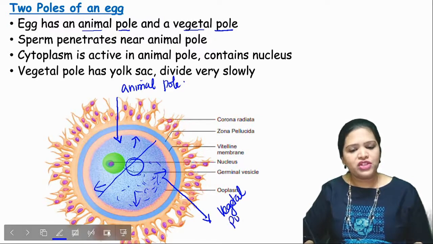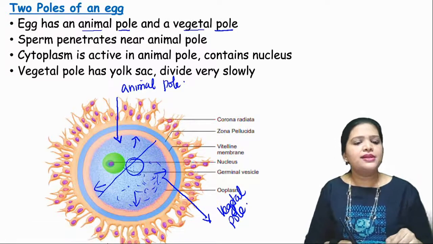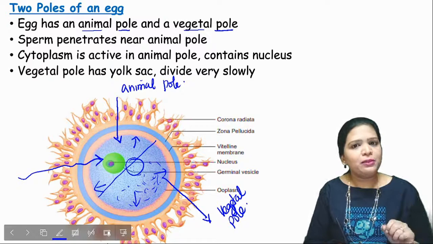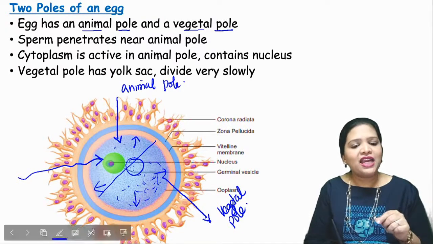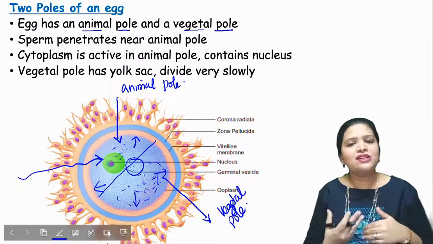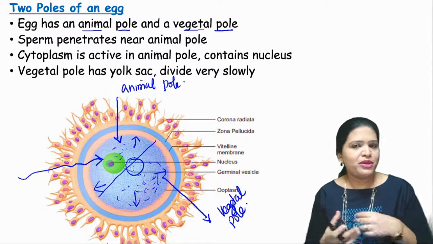It's called vegetal pole. Okay, so when the sperm penetrates the egg, it always penetrates in the animal pole, not in the vegetal pole. And what happens here in the animal pole, the cells replicate fast because they have to undergo cell division, then the zygote will be formed, then the embryo will grow fast.